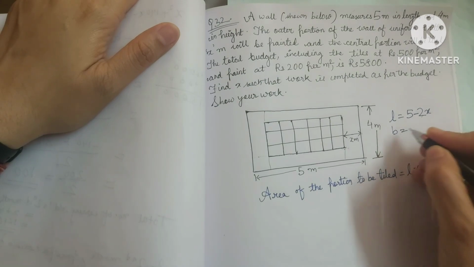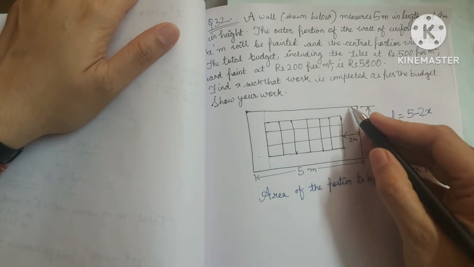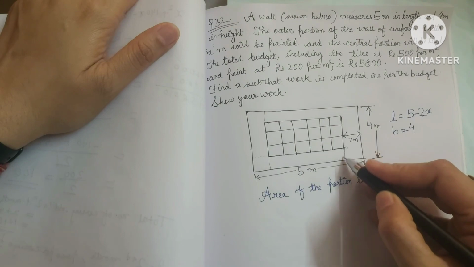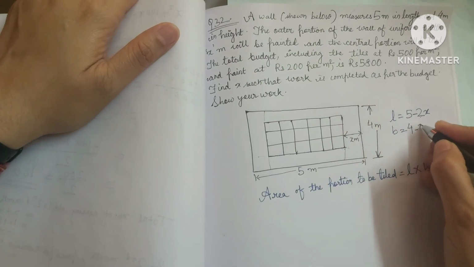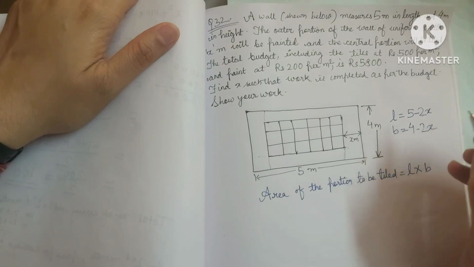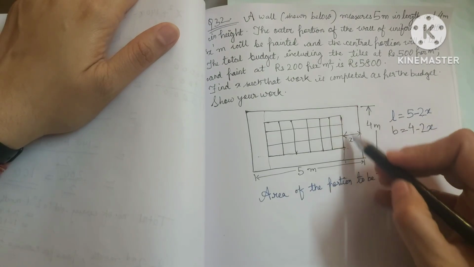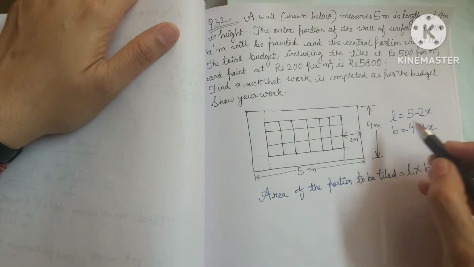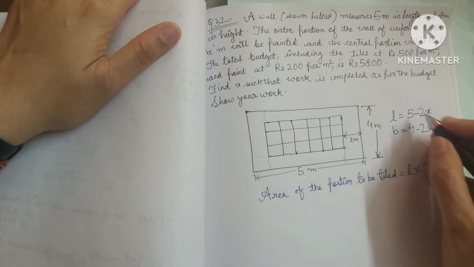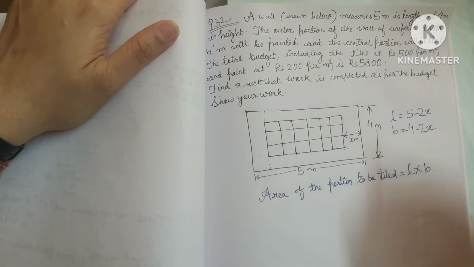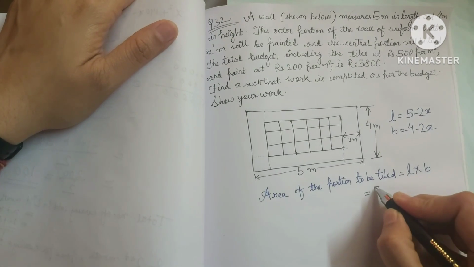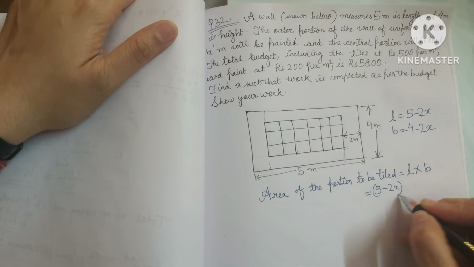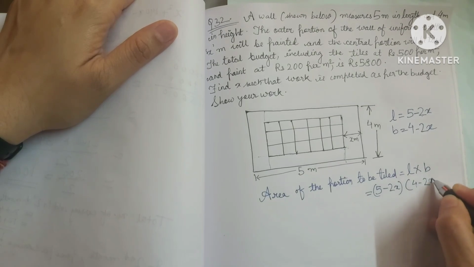Breadth will be again 4 minus x minus x, entire is 4 minus 2x. So this is the length and breadth. If I substitute the value of L and B, what will I write? 5 minus 2x multiplied by 4 minus 2x.